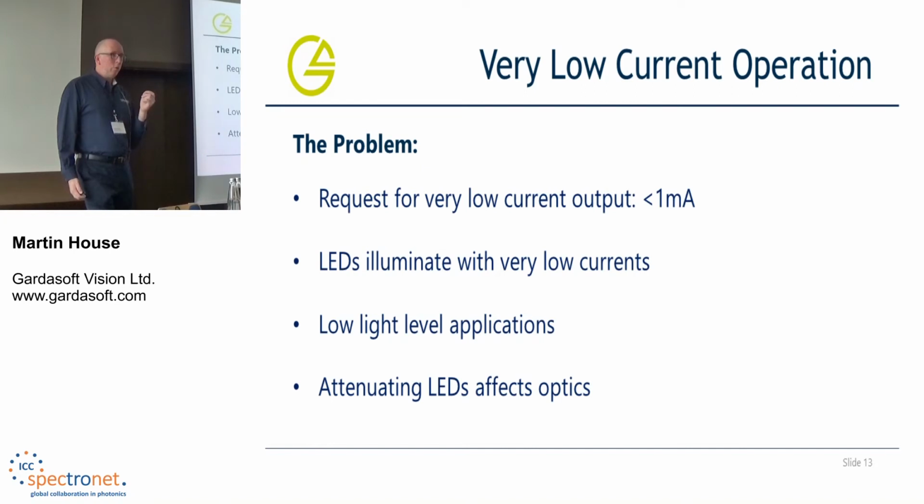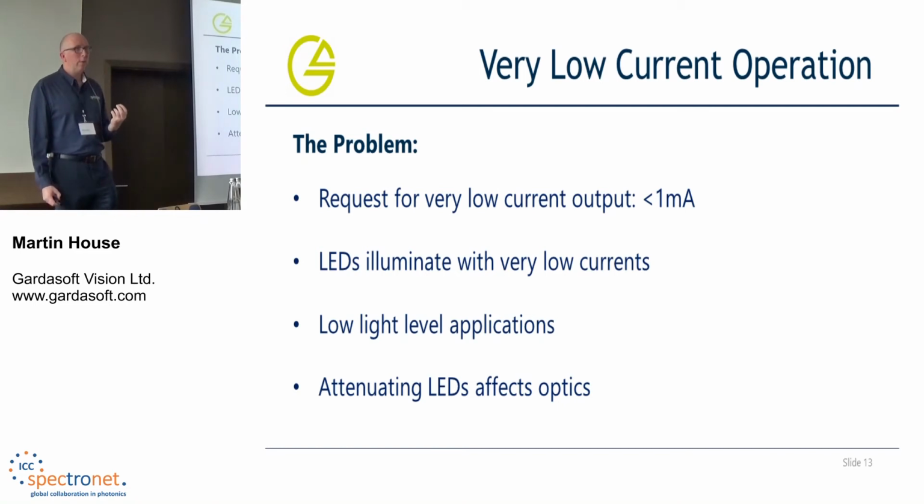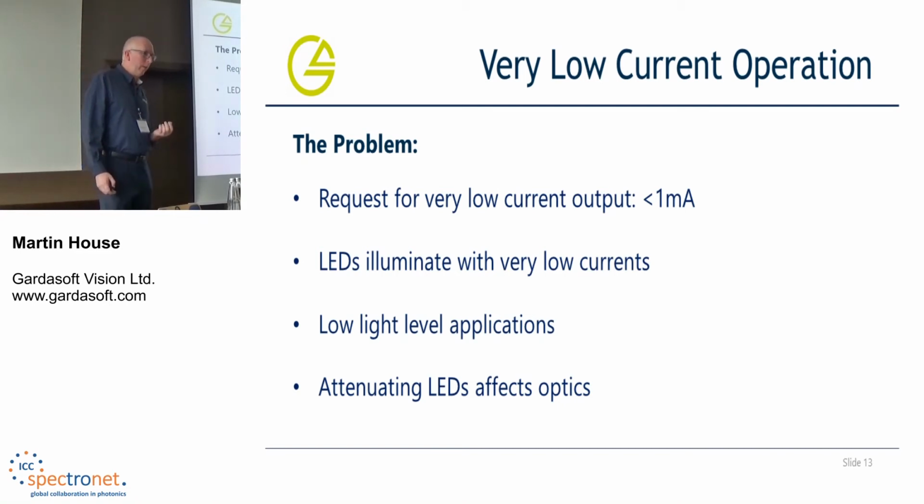Now, you could solve the problem by just putting physical filters over your LED, but that could then affect the way you're reading that LED, and you're not getting very accurate information. The best way is to actually drive the LED with very low current.